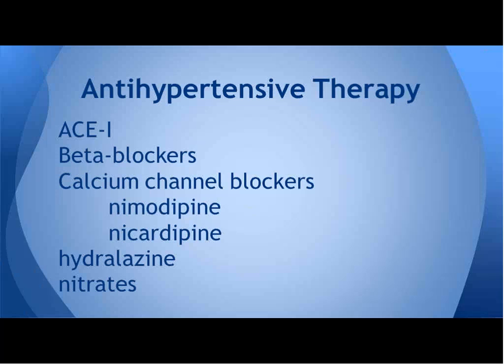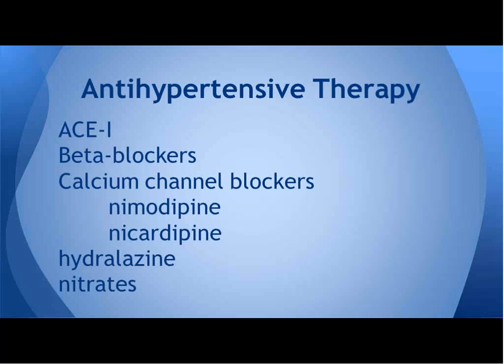It works predominantly in the peripheral vascular bed and specifically arteriolar vasodilation, making it probably the more ideal calcium channel blocker for the management of subarachnoid, but again, that's just my opinion. Then hydralazine has some effects, but not everybody is a fan of hydralazine because of some of its side effects.